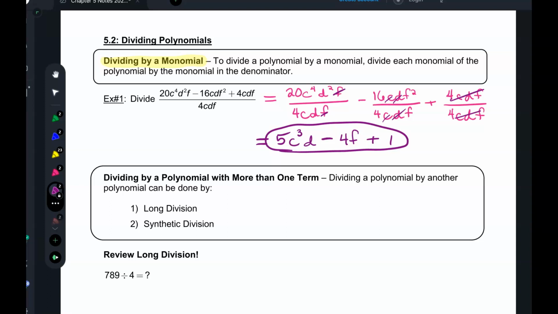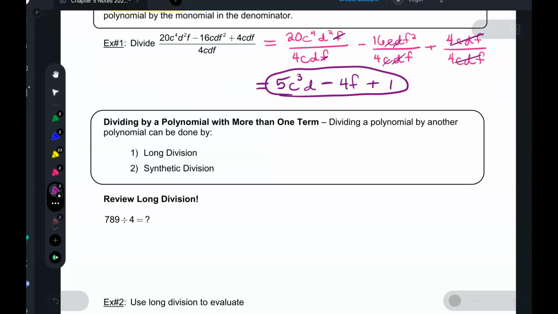Now we're going to do long division. We're going to learn 2 ways to divide a polynomial. We're going to do the long division, and then we're going to do synthetic division, which you're going to love.